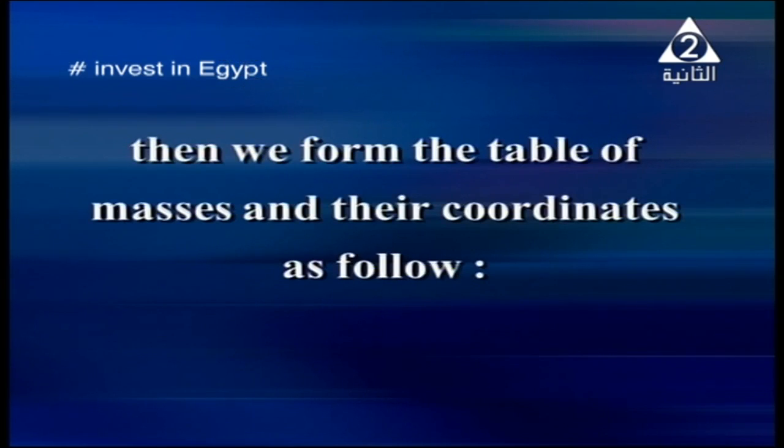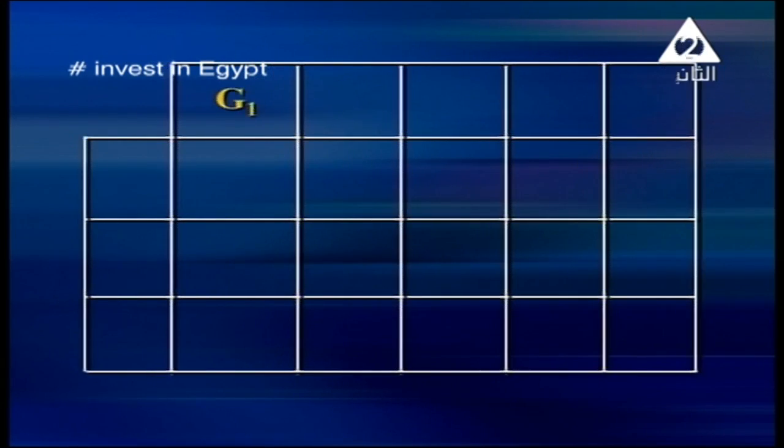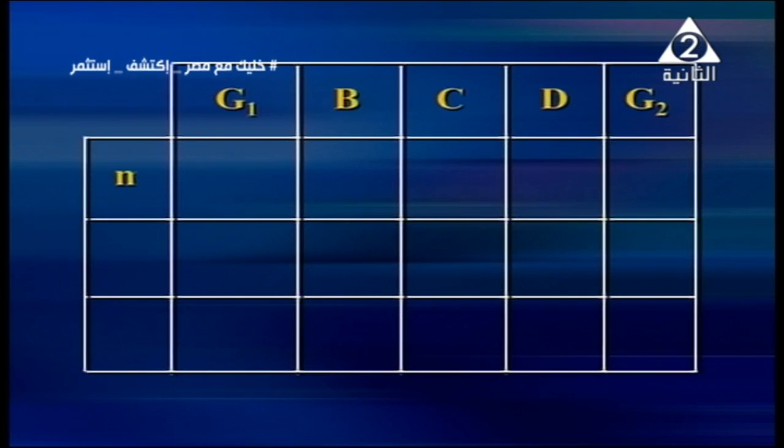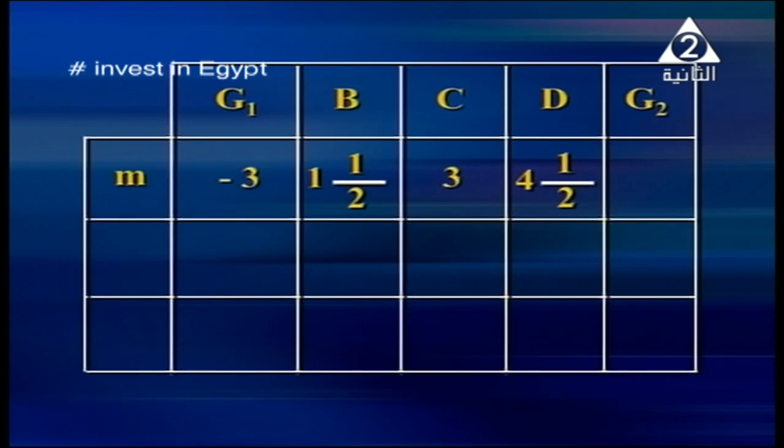Then we form the table of masses and their coordinates as follows. Look at the following table. G1, point B, point C, point D, and G2. Mass: negative 3 at G1, 1.5 at point B, 3 at point C, 4.5 at point D, 24 at G2.